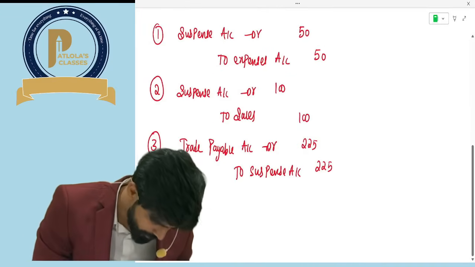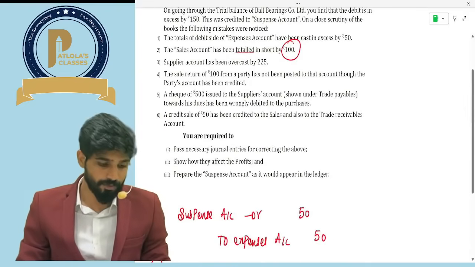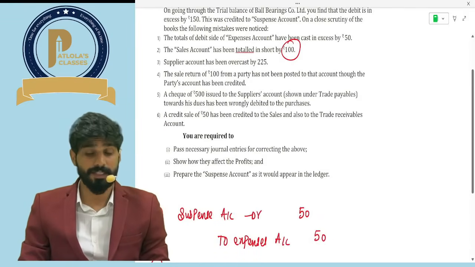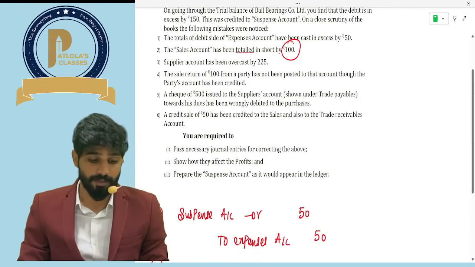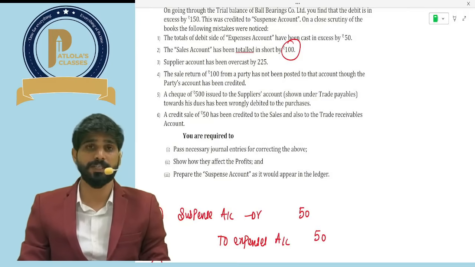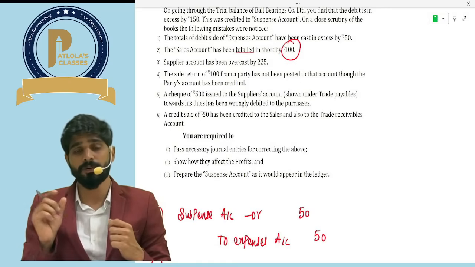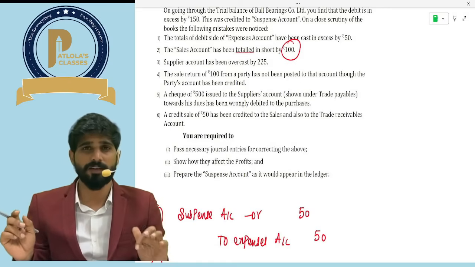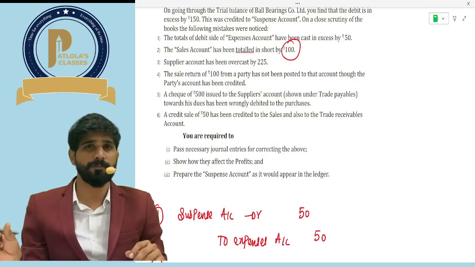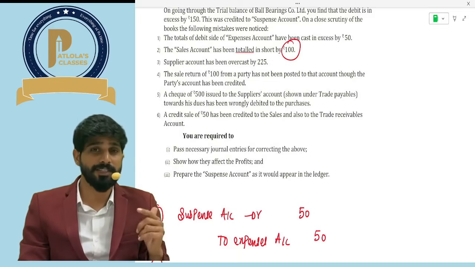Next, please come to the fourth one. Coming to the fourth one, the sales returns of 100 from a party has not been posted to that account, though the party account is credited. See, whenever there is a sales return, the entry will be sales return account debit to debtors. What they have done here is debtors account they have credited, but what they have not debited is sales returns.